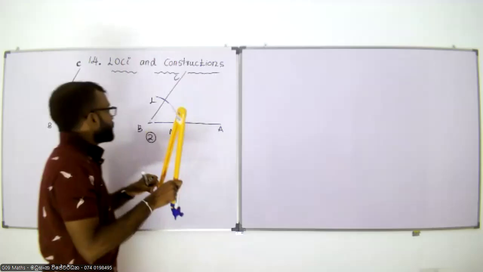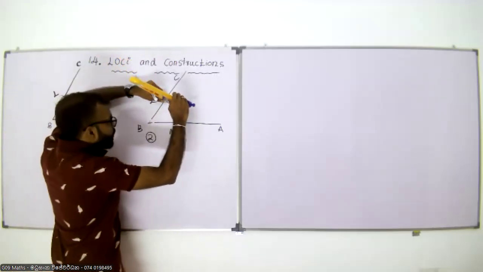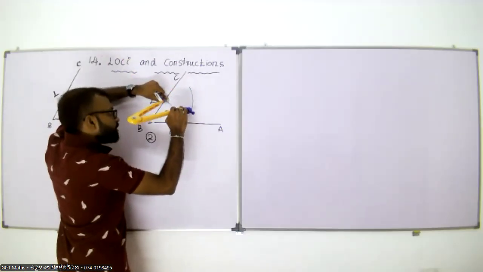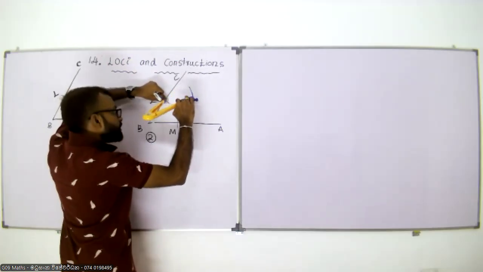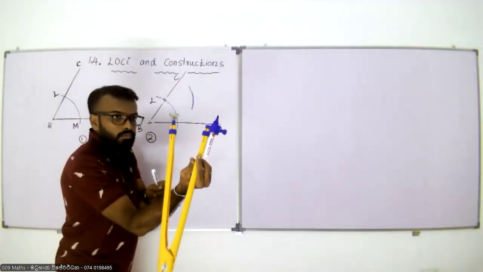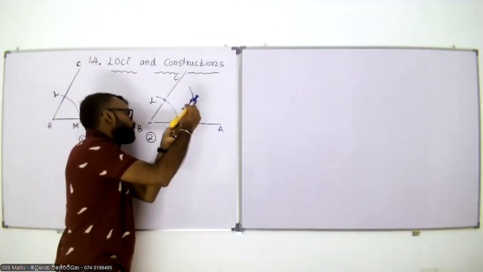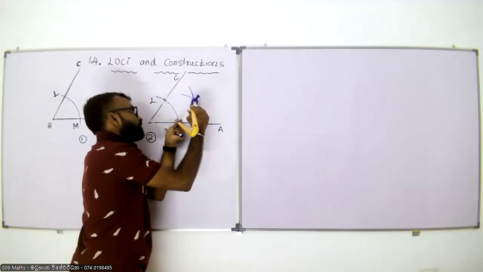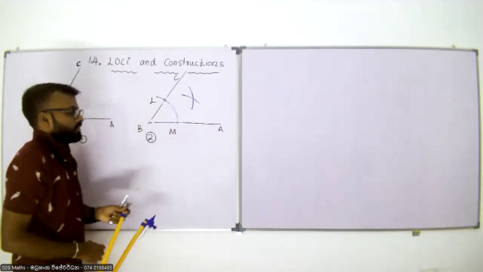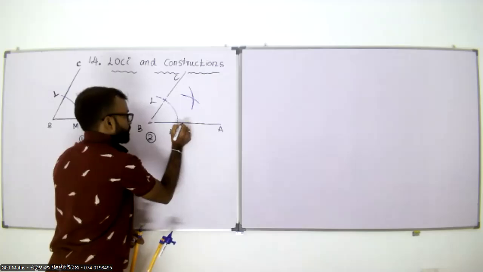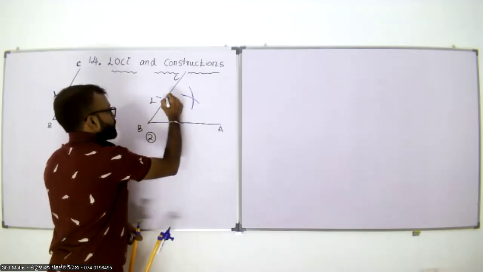Put your compass point on top of L and draw an arc here. Then place your point on top of M and again draw an arc which intersects with the previous arc. That is the second step you need to do.